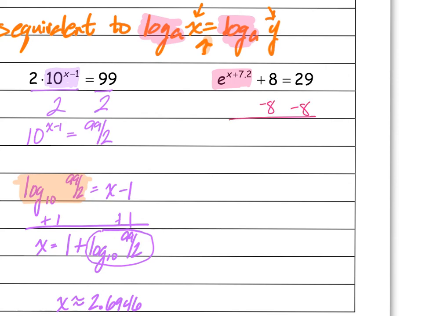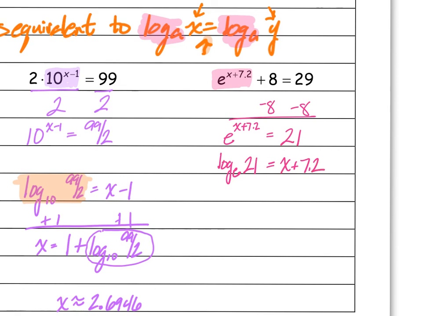So I get e to the x plus 7.2 equals 21. Now I can switch to a logarithm. So I get log base e of 21 equals x plus 7.2.